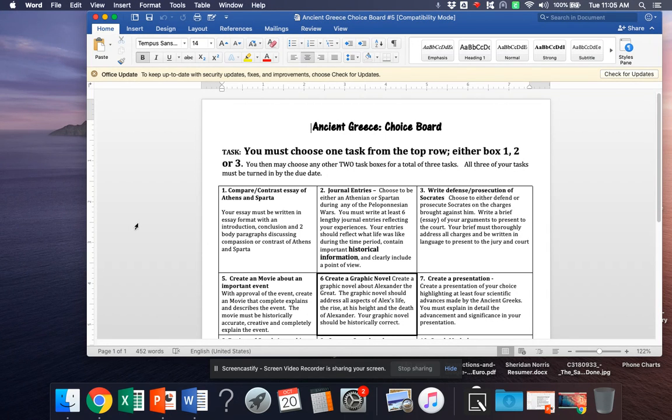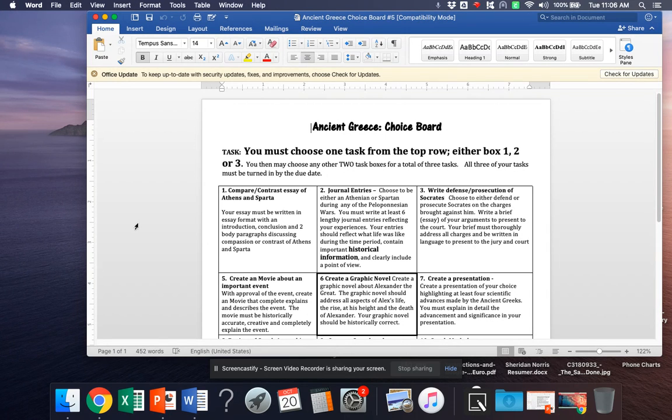So, create a movie about an important event. So this is your movie. In any way that you want to do this movie, you have to get me to approve the event so that it is worthy of a movie. So we have lots of things it could be. Obviously, the Peloponnesian War is going to be an important event. Alexander the Great is in this chapter.